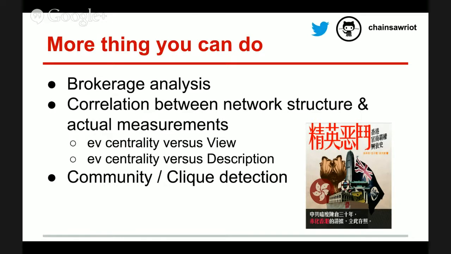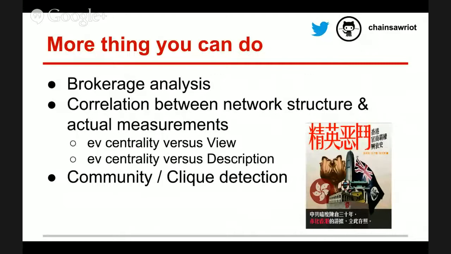And there is more you can do for the social level analysis. One thing is called the brokerage analysis, but I will not go through the details. For example, you can find out which node in the network is actually a broker. A broker means, for example, in a social network like Facebook, you have some Chinese, you have some American people, and you want to see which people cross the border between the Chinese and the American people.